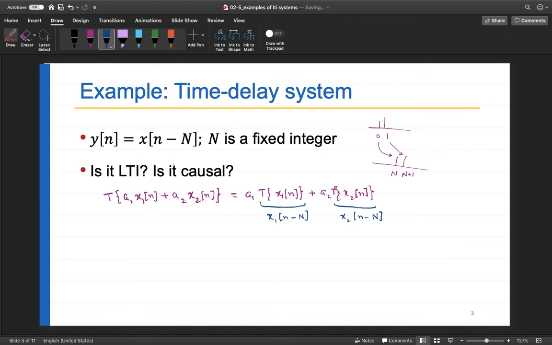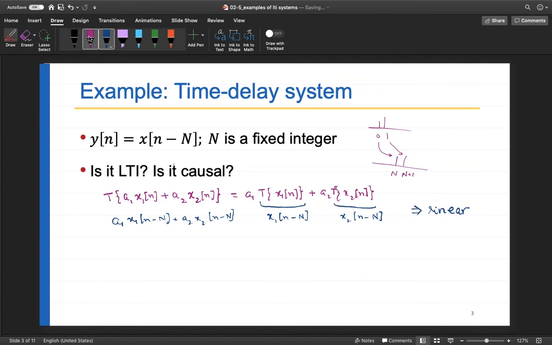So here our signal is simply x1. So if I take this signal and pass it through this system, it just introduces a delay. Basically it converts n to n minus capital N. So this will be equal to a1 times x1 n minus capital N plus a2 times x2 n minus capital N. So you can clearly see the left hand side is equal to right hand side. So hence we prove that this system is linear. So this system is indeed linear.